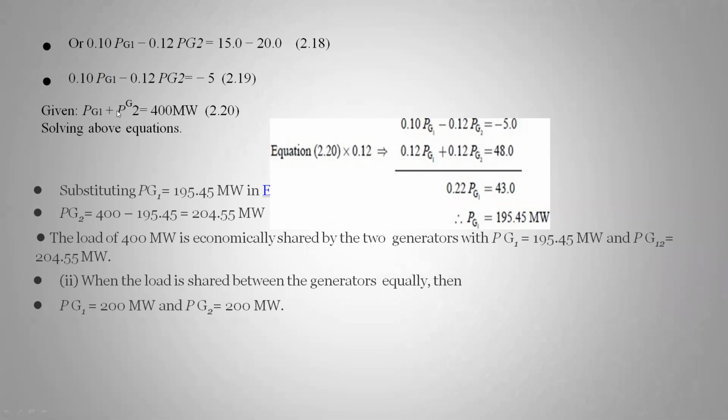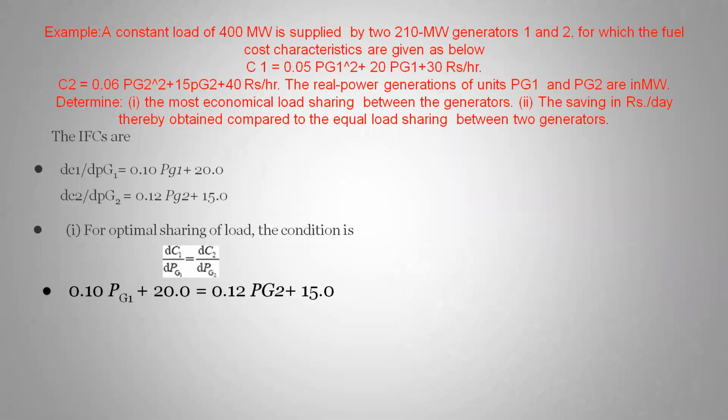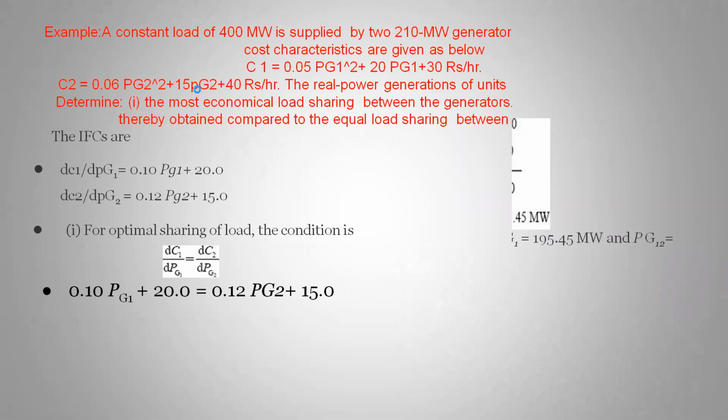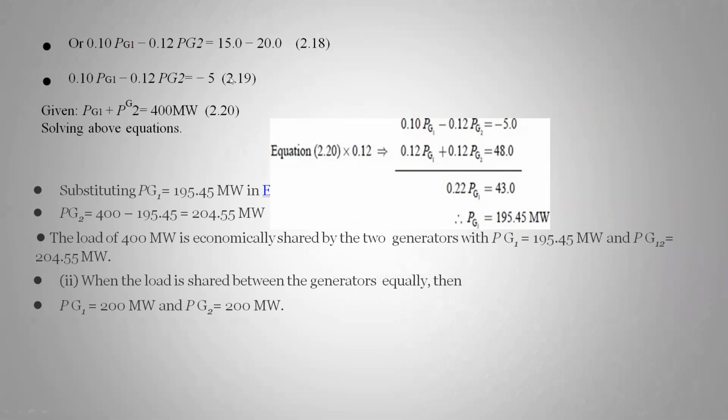Another key point given: a constant load of 400 megawatt is supplied by two 200 megawatt generators, so Pg1 plus Pg2 equal to 400 megawatts.